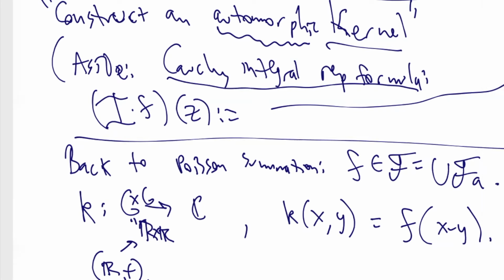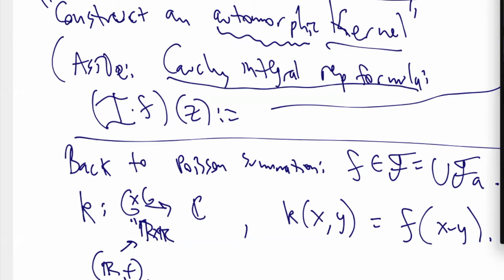This is the property of being a point pair invariant. It really only depends on the distance between x and y, because there's this isometry g that moves things around. We accomplish that by taking the kernel to be a function of the difference x minus y. Then if I shift both x and y by g, that just cancels out and I get the original value. Does that make sense?